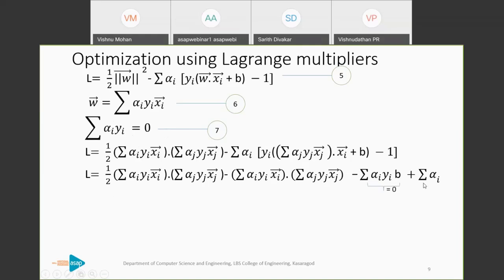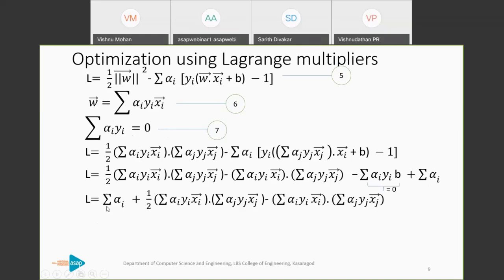Okay. Now when I rewrite it, I will take this alpha i at the beginning. So L is equal to the sum of alpha i plus 1 by 2 into the same expression. Okay. Minus the dot product of these samples. I'm just taking it as a double summation. I will take this alpha i, yi, alpha j, yj outside and write it as the dot product of xi dot xj.